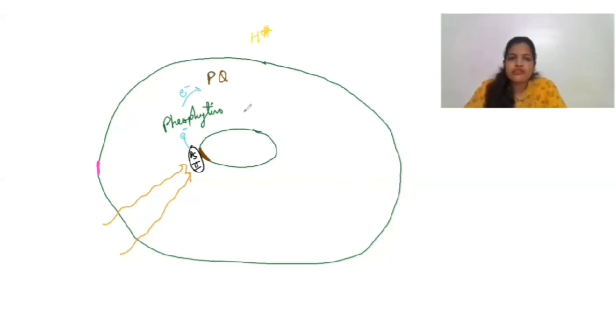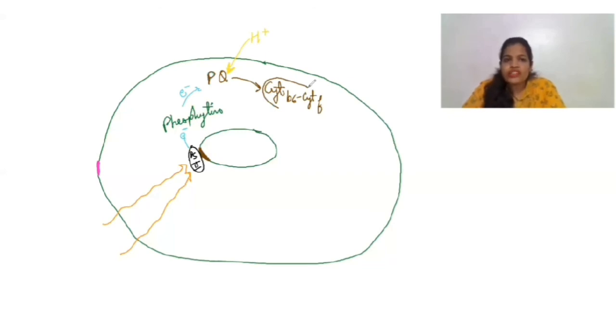So H plus from the stromal side will be given as a reward to plastoquinone to receive the electrons. Now, this plastoquinone will carry electrons and protons and will give them back to the next type of carriers, that is the cytochrome complex. Cytochrome B6, cytochrome F complex is there.